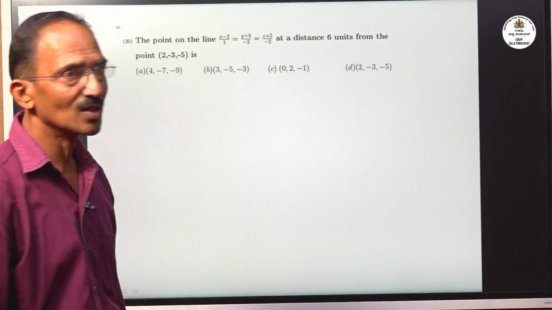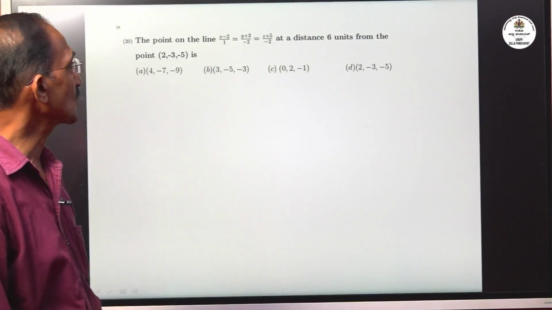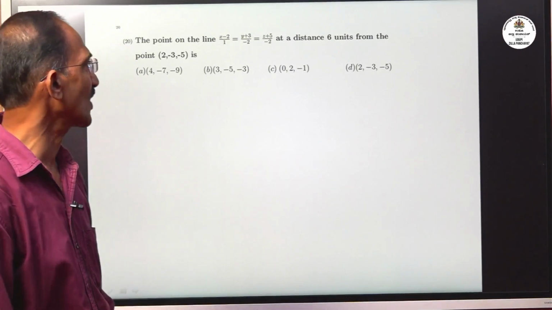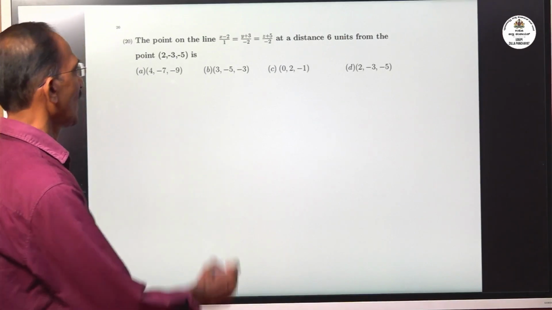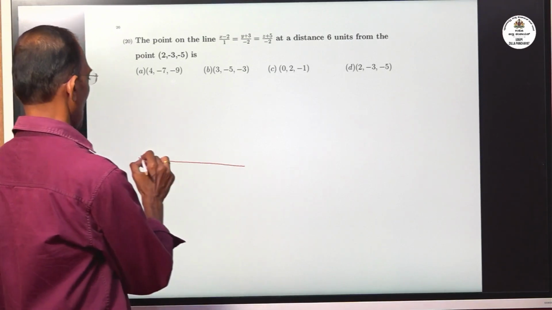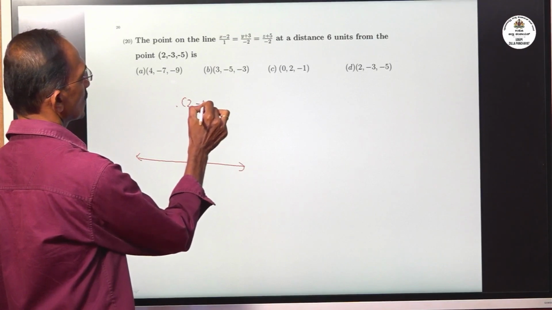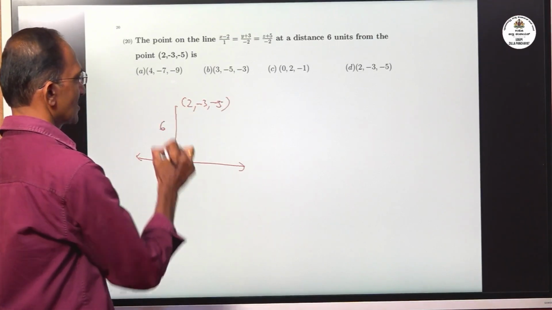The point on the line (x minus 2)/1 equals (y plus 3)/(minus 2) equals (z plus 5)/(minus 2), at a distance of 6 units from the point (2, minus 3, minus 5). So you have a line and the point, and the distance is given as 6.